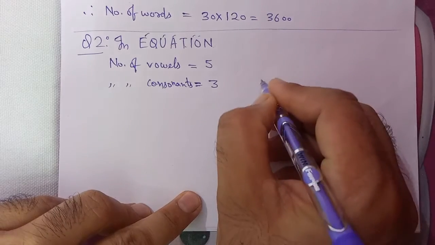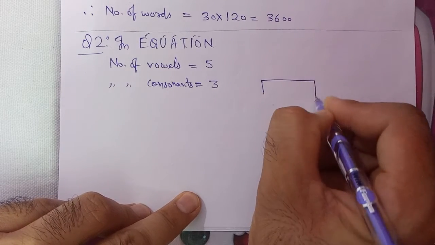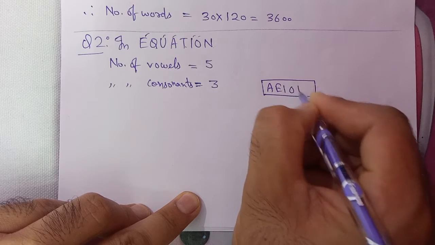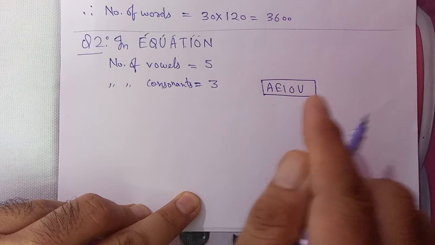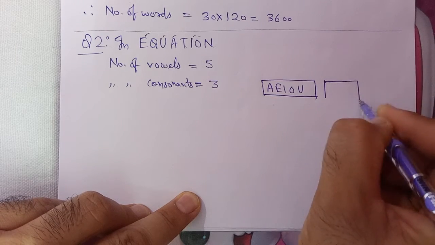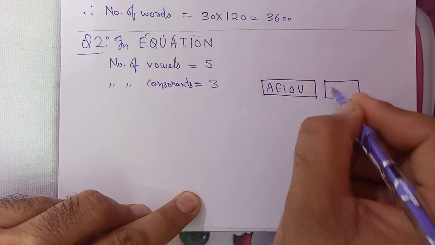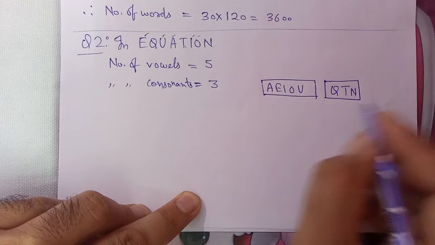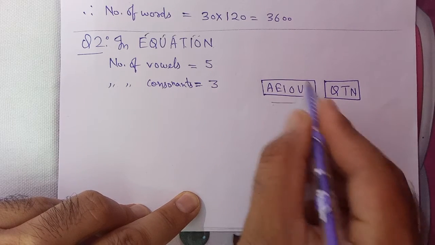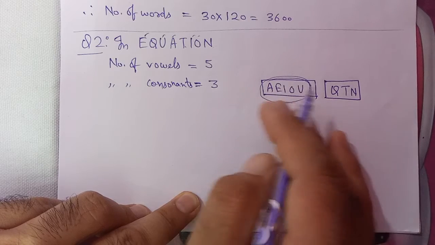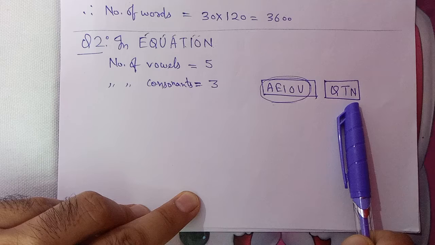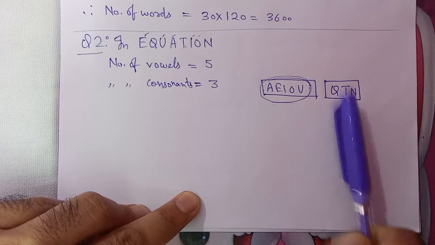Now as all the vowels are together, it means vowels A, E, I, O, U can be internally rearranged. Similarly, consonants Q, T, N can also be internally rearranged. These 5 objects can be rearranged in 5 factorial ways. These 3 objects can be rearranged in 3 factorial ways.